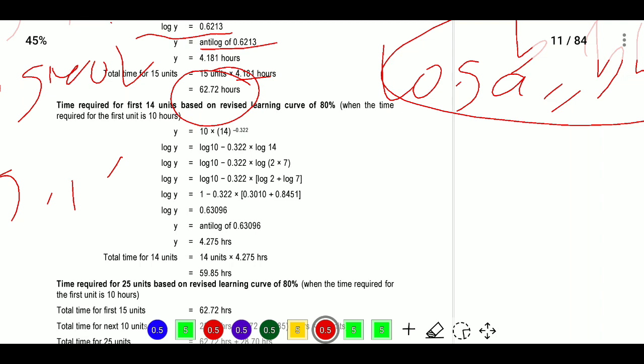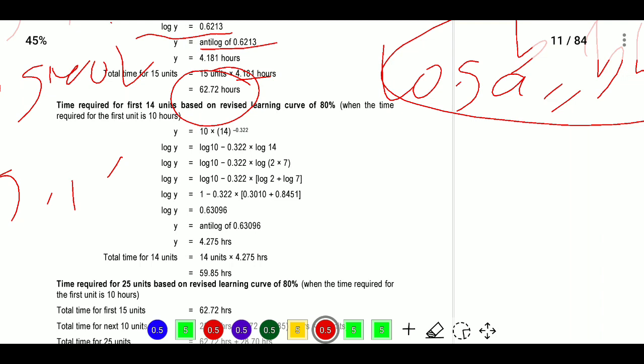Now we will require it for 14 units, and for 14 units we will calculate the same as what we have calculated above. We take y is equal to a into x to the power of b.